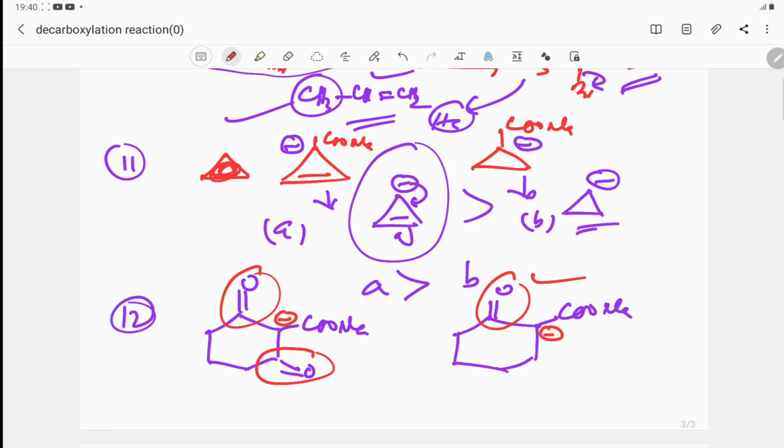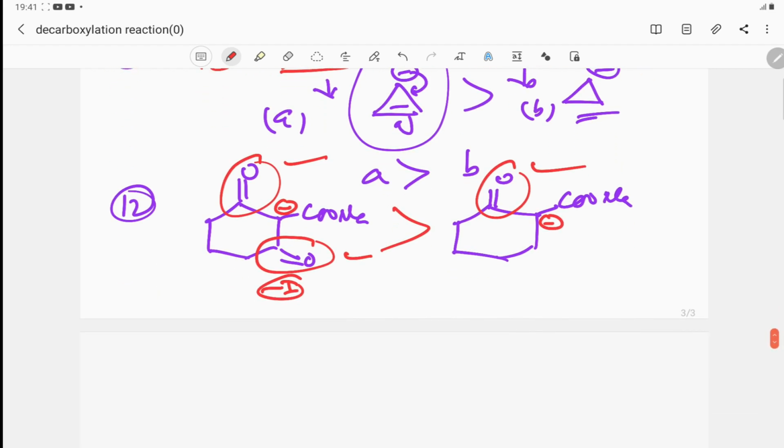Here there is only one carbonyl group, there it is two carbonyl groups. The carbonyl group is a minus I affecting group. That's why two minus I groups are attached to the carbanion, that's why this is more stable. So A is more reactive than B, because the carbanion produced in the first compound is attached to two carbonyl groups, with more minus I effect. So the carbanion is more stable. That's why the parent compound A is more reactive than B.